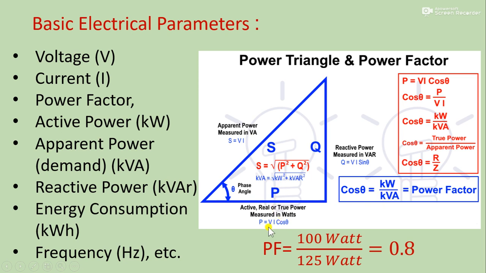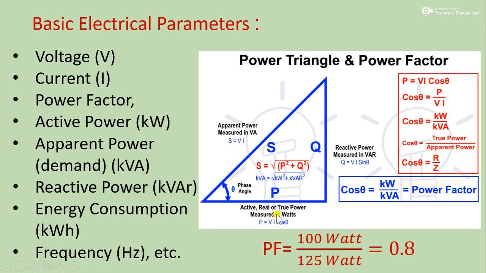True power is calculated by using the formula V, that is voltage, into current I into cos theta, while apparent power is the product of voltage and current, and reactive power is calculated by V into I into sin theta.